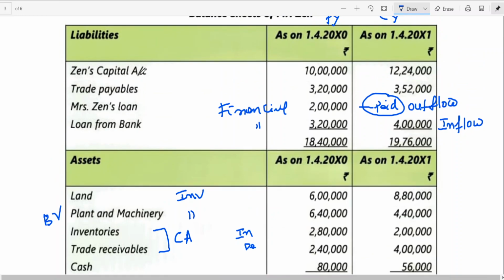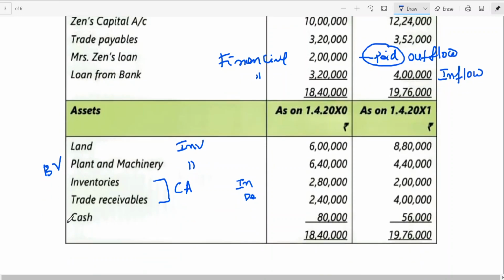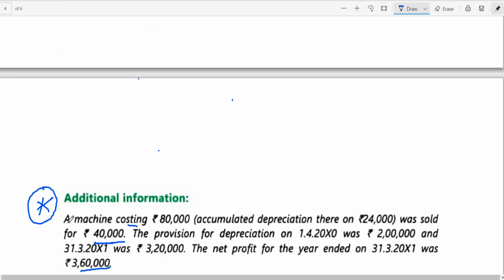But for a company, the format doesn't allow you to show provision for depreciation on the balance sheet liability side. For a change, we are working out a problem of sole proprietor cash flow statement. These kind of surprises you can expect in the examination. I think you got clarity. So now is this clear? This is book value of plant and machinery.